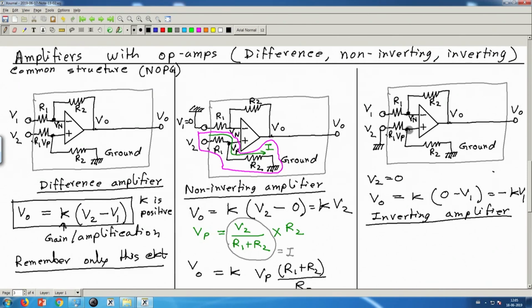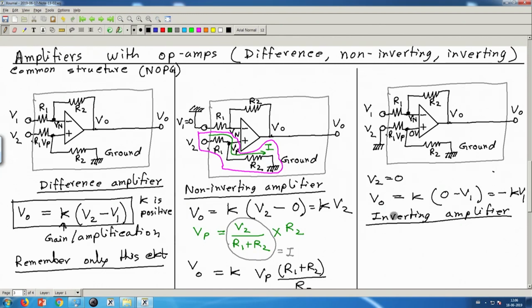Vp will be 0 because this is at 0, this is at 0. No current is flowing in this part through the input. That's the rule of an op amp. Therefore Vp must be between V2 and this ground. V2 is 0, this is also 0, so Vp should be 0. So this point is at 0 volt.